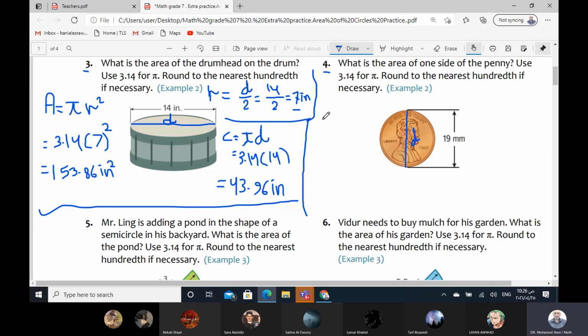So start from the formula A equals pi R squared. We don't have R. Solve the R from D. So use the same rule here. R equals D divided by 2.